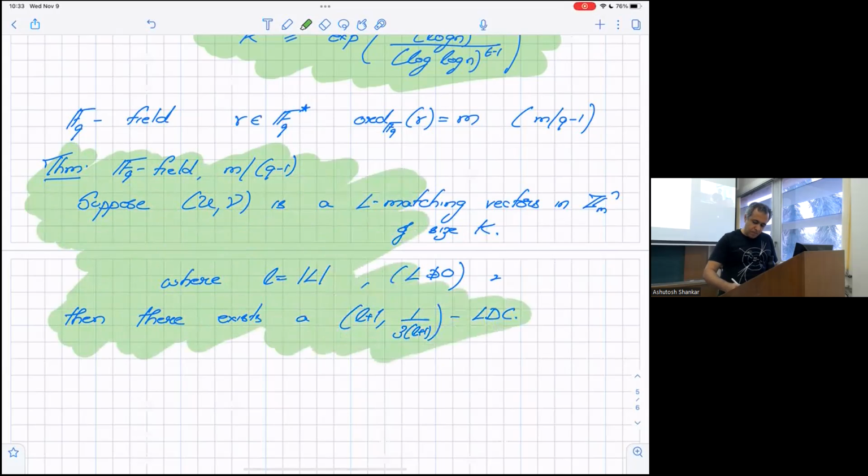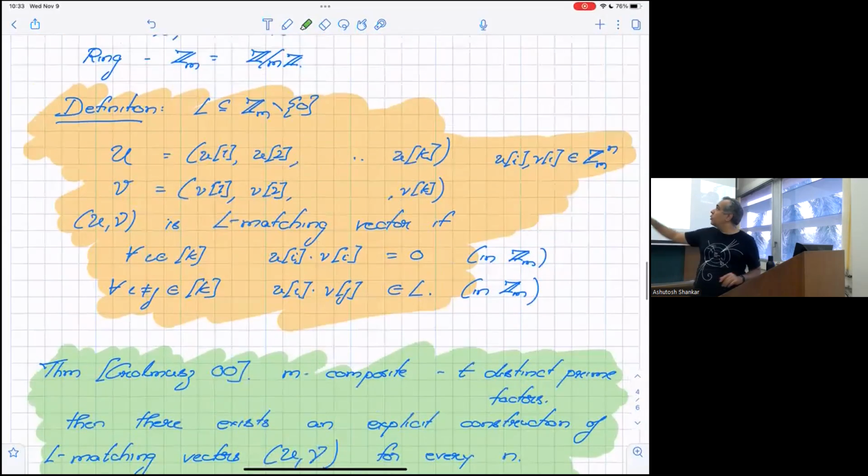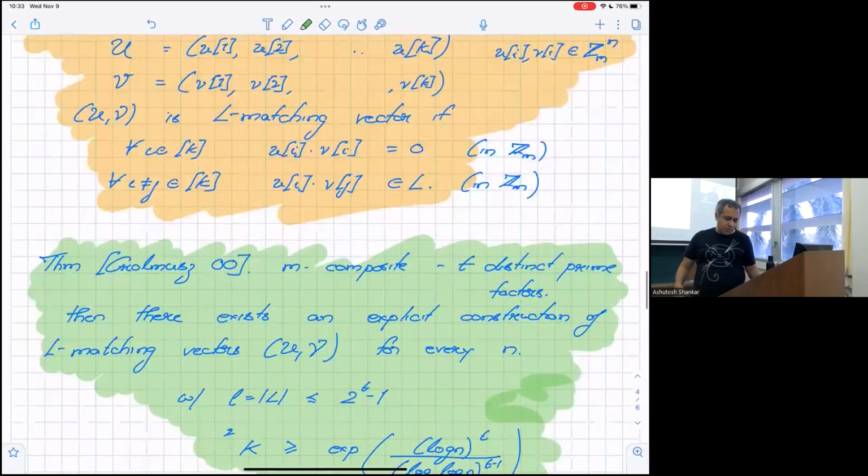Is the size in power n? The number of vectors is K, not the Z_m power n. When I say size, I mean the number of vectors U1, U2, U3.